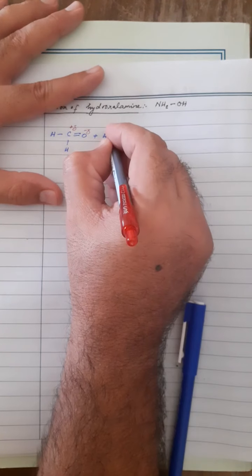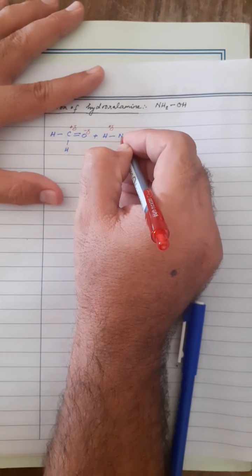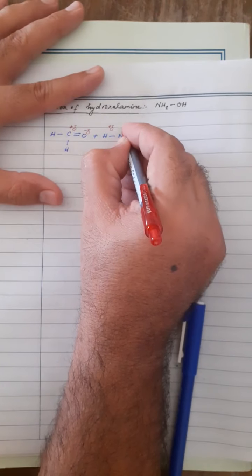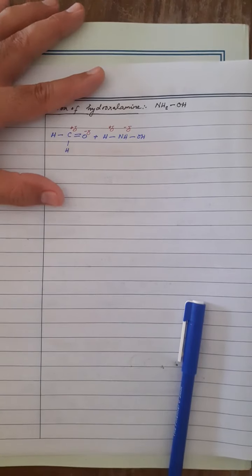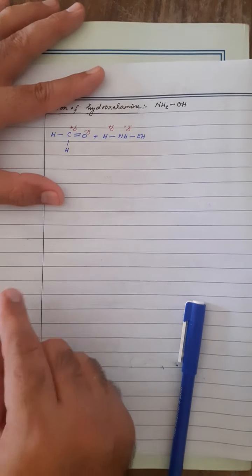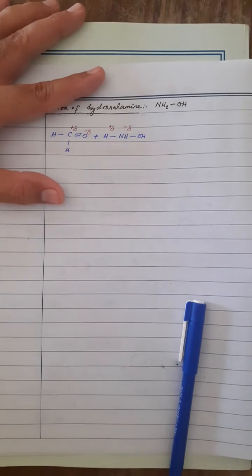On this side, hydrogen has partial positive character due to the electrophilic nature of nitrogen, and nitrogen has a partial negative character. So I just wrote NH2 as HNH, and I hope it doesn't matter, okay? I hope you understand. We can do that.